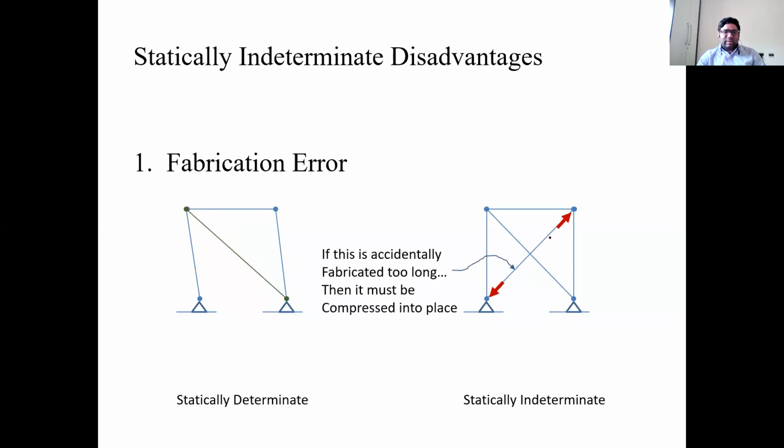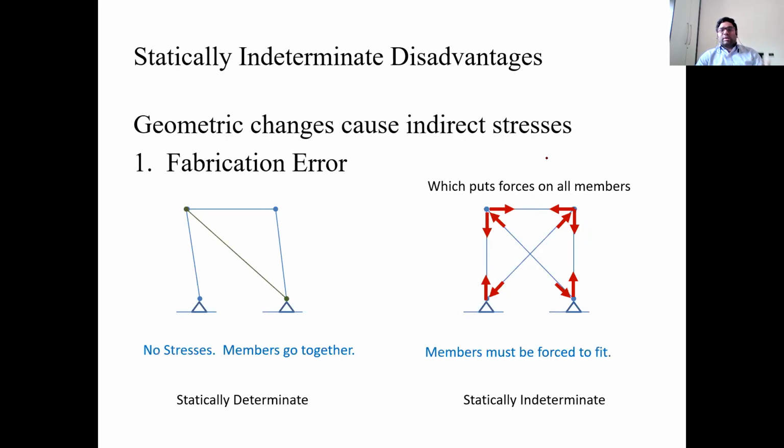These two will be compressed at this portion, and because of the compression, the top joints will be put under tension. And when the top joints are put under tension, additional forces will occur in the structure, which might not be a good sign for the overall construction.